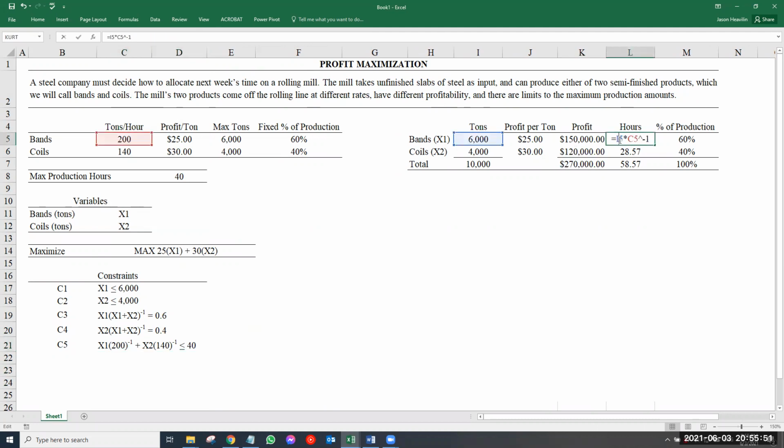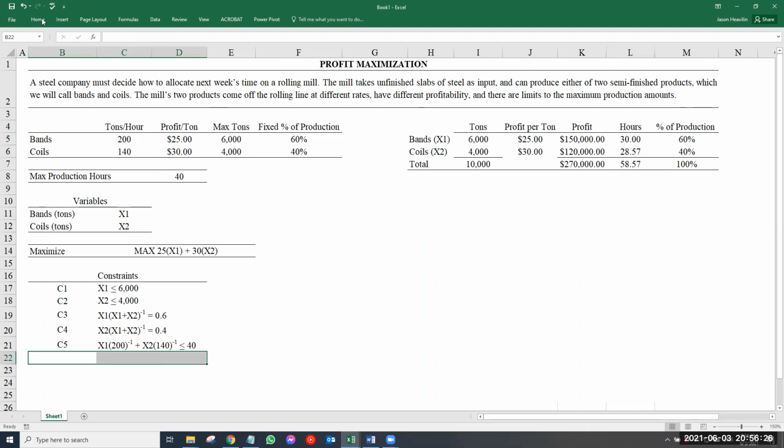That is the same formula you have in there. Then this next piece here is the same formula you have in there. X2 are coils multiplied by the tons per hour at the -1. And this 40 comes from here. So when you add them together, like we did here, they have to be 40 or less. All right.